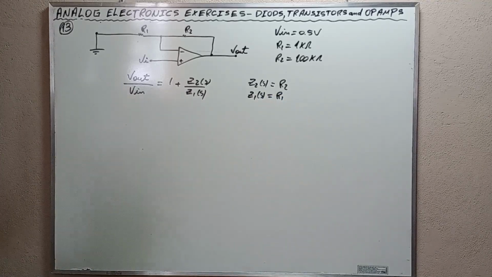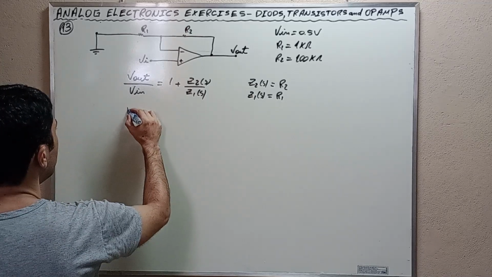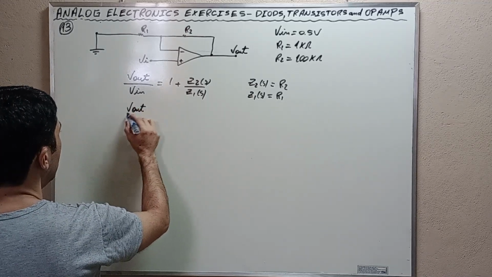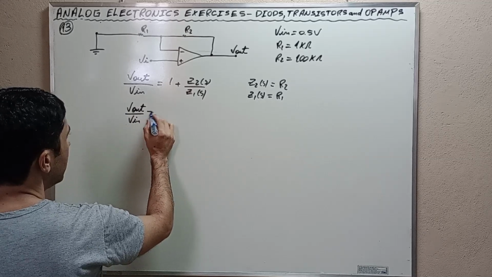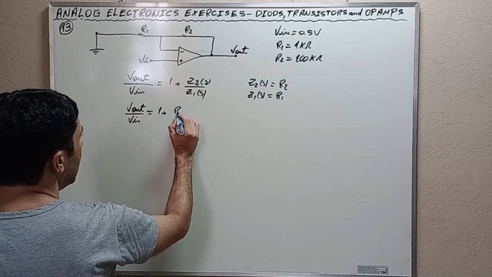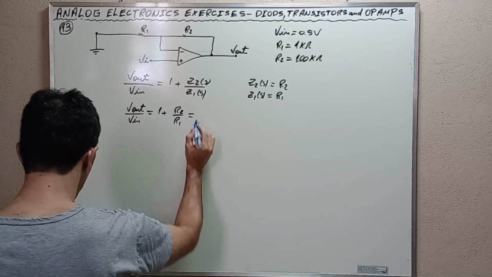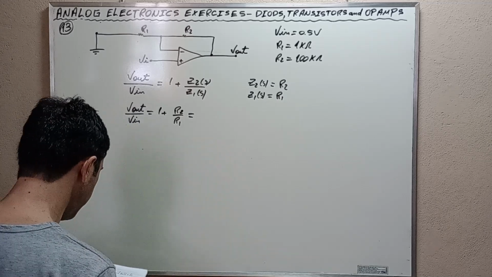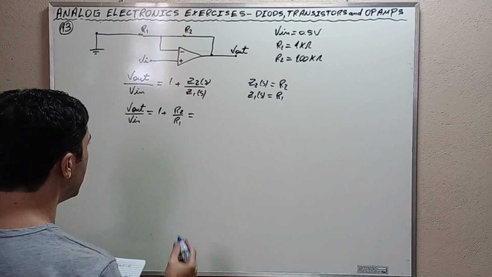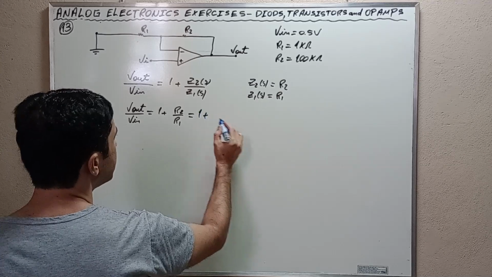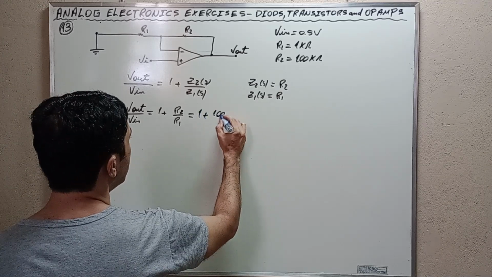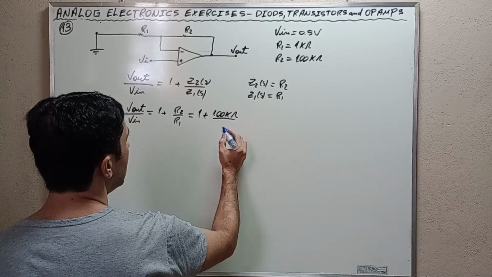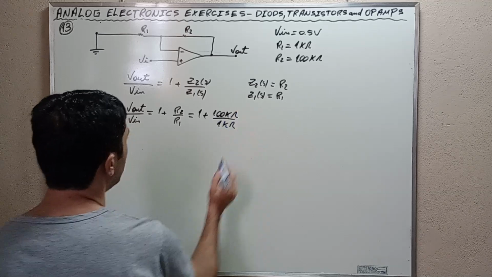Substituting, V out over V in is equal to 1 plus R2 over R1, which is equal to 1 plus R2 is 100 kilo ohms and R1 is 1 kilo ohm.